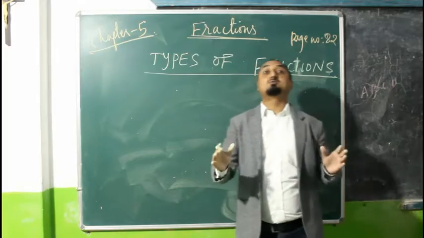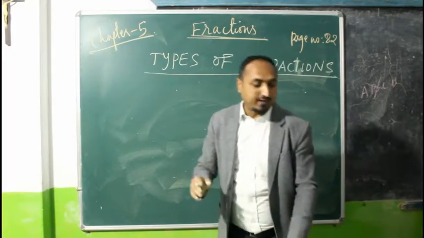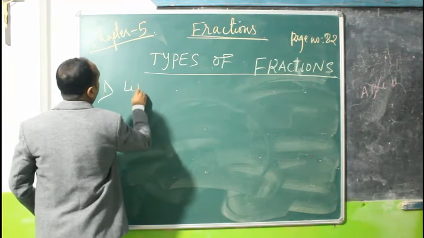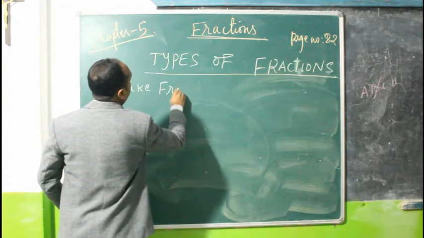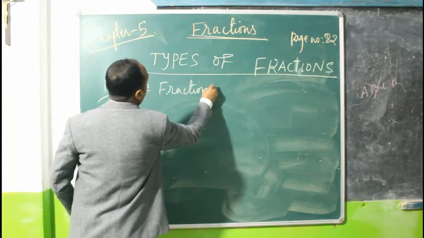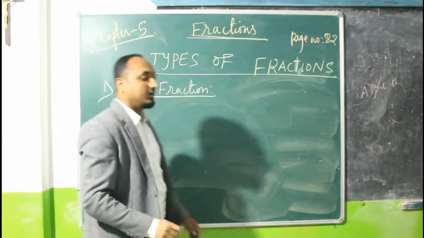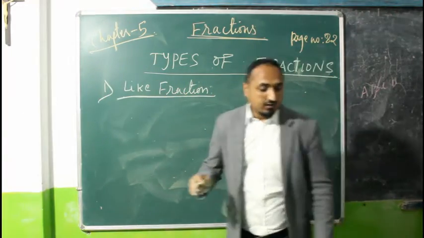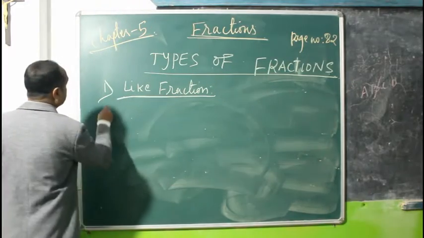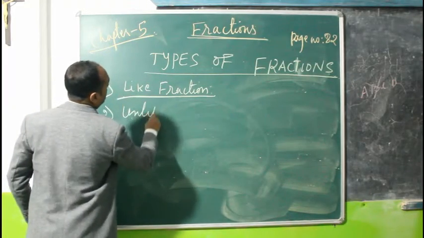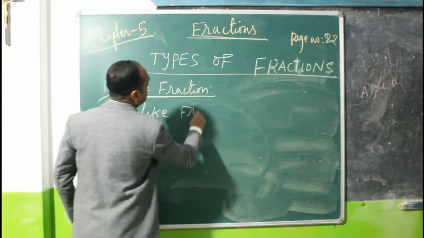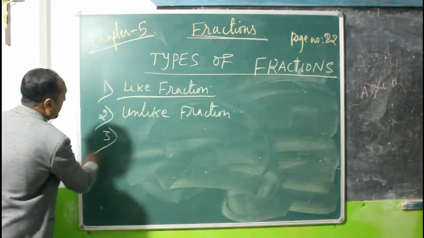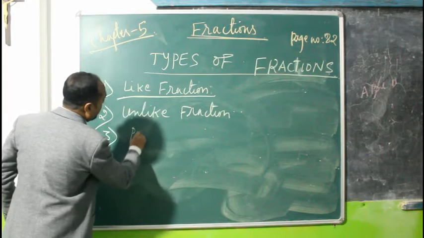Okay, next one we have types of fraction. So we know that there are different types of fraction. There are 5 different types of fraction. Number 1 we have like fraction. Number 2 we have unlike fraction. Number 3 we have proper fraction.